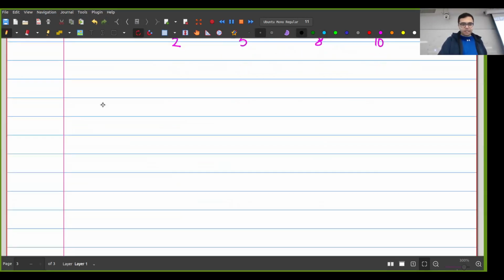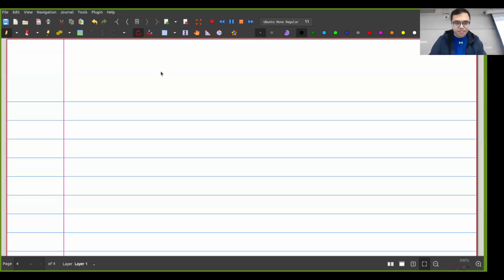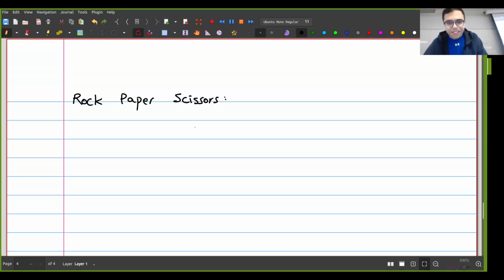Now, here's a problem that I want you to think about. Suppose that I want to play rock, paper, scissors, but I want to play it over the internet. So this is just something to think about, rock, paper, scissors. This was actually the homework in the last offering of this course, but I'm not going to use the same homework again, so I'm just going to give it to you.